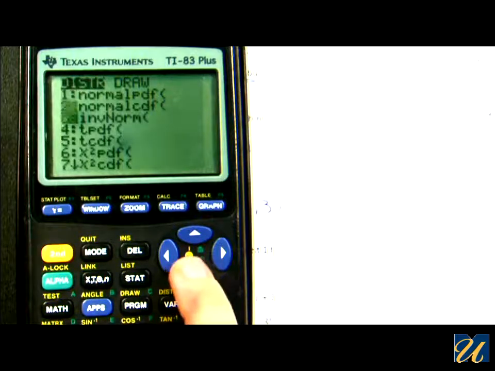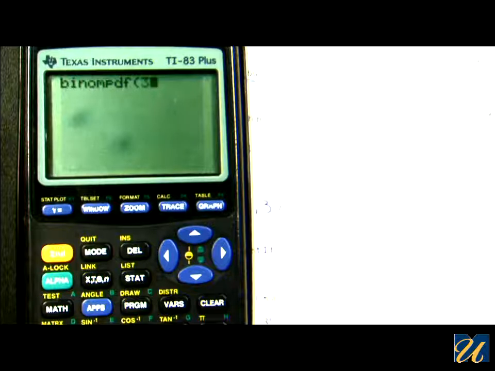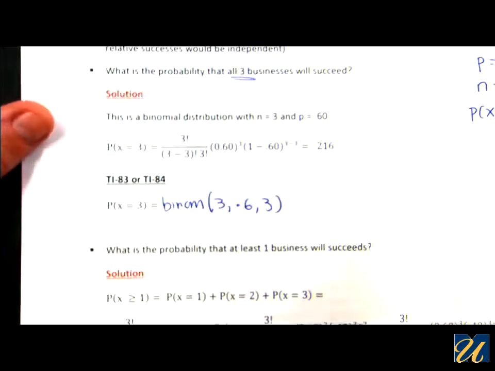Second VARS, binomial PDF, 3, comma, 0.6, comma, 3, close parenthesis, enter. 0.216 for the answer.